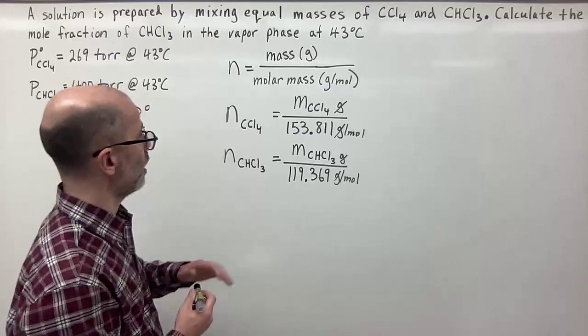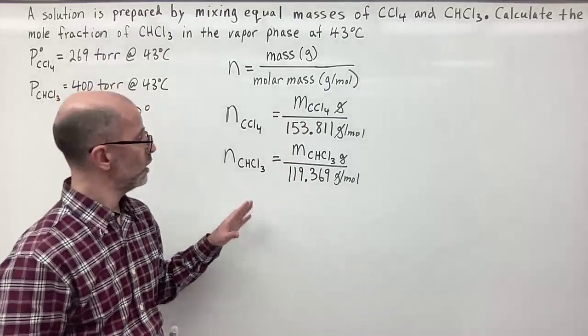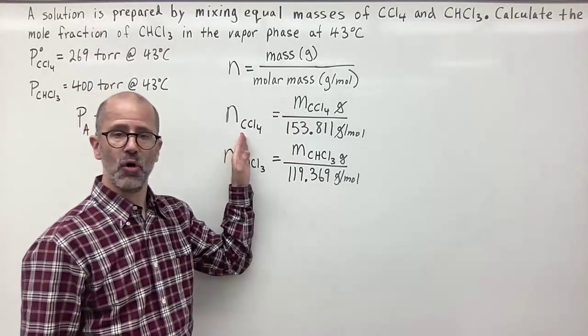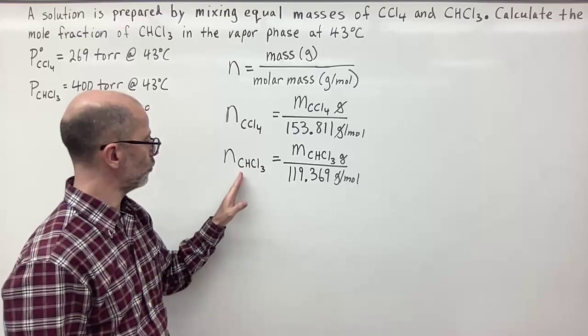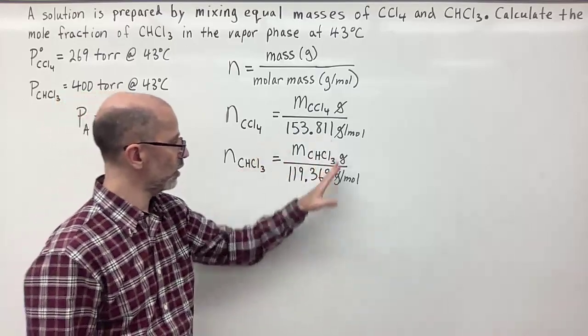Now we have these two equations: the moles of CCl4 is equal to this, and the moles of CHCl3 is equal to this.